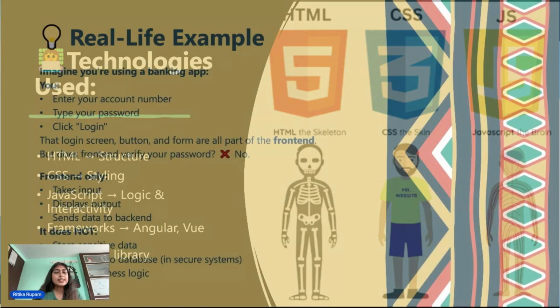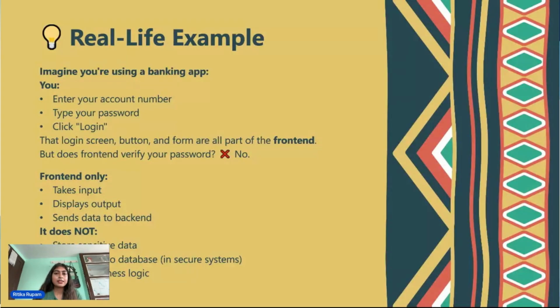Moving on, let's take another example to understand this clearly. Imagine you are using a banking application. What do you see in it? First, for login, you enter the account number, you enter the password, and then click on the login button. The login button, the password box, the username box, all of this is part of the front end.